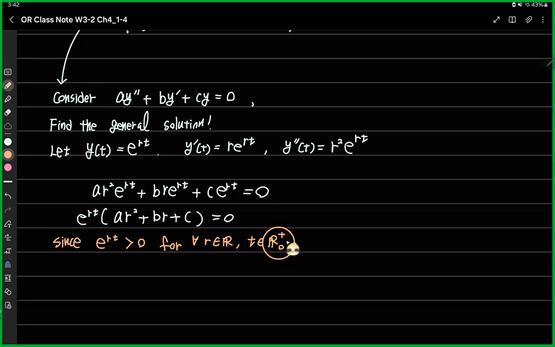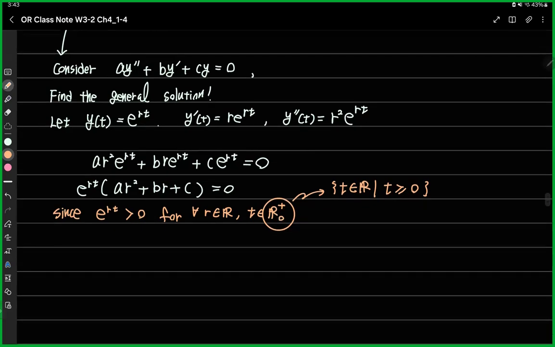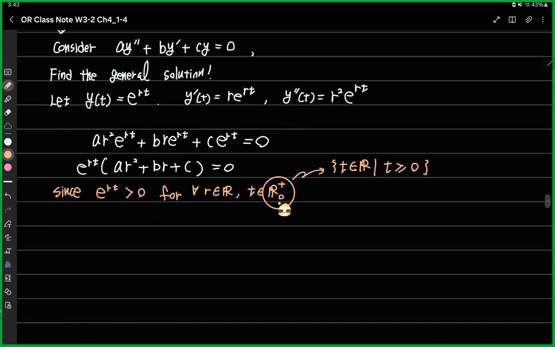That symbol represents the set of all real numbers t greater than or equal to 0. The plus means positive, including 0, so basically it means non-negative. That's the mathematical expression of non-negative.